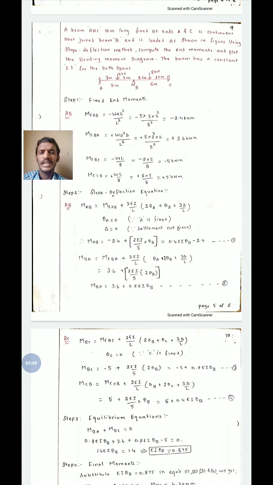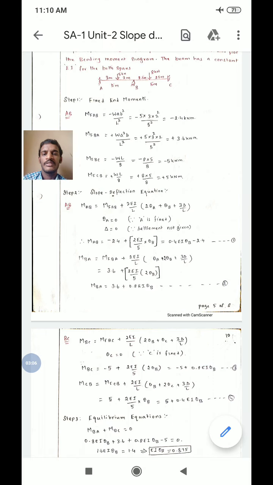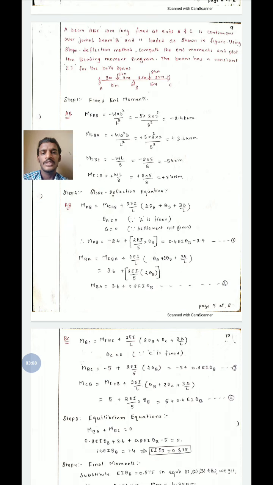In this problem, the delta value is not given. The delta value is given as settlement or sink in any other term. In this problem, there is no settlement or sink. Therefore, the delta value is considered as 0. If a value is given, we have to substitute it using the particular symbols.